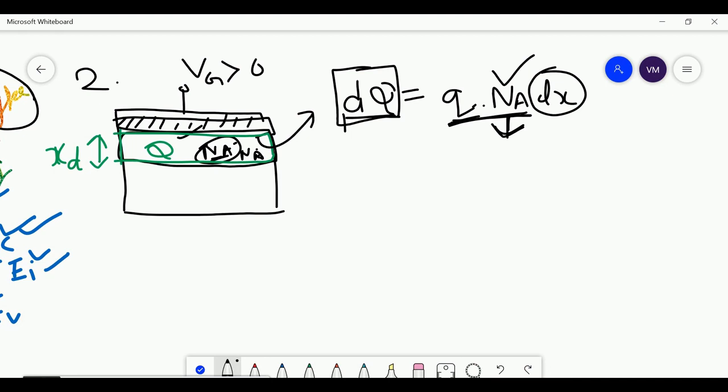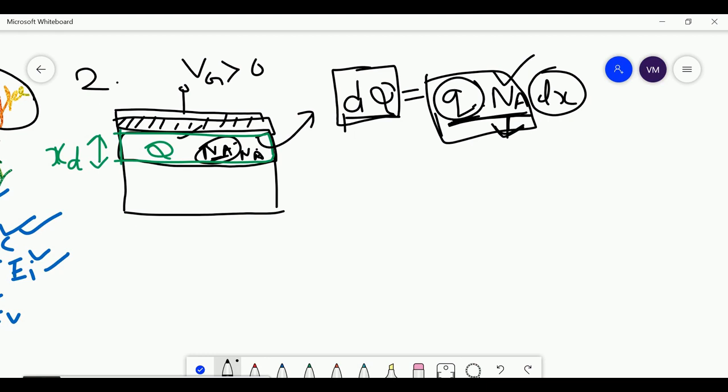Na means the acceptor ions. The only charge present in this depletion layer is acceptor ions, so I have taken the concentration of acceptor ions Na. Now, what type of charge is on every acceptor ion? It is equal to the charge of one electron. That's why I have multiplied q here. So what does this quantity represent? This quantity represents the total charge due to acceptor ions.